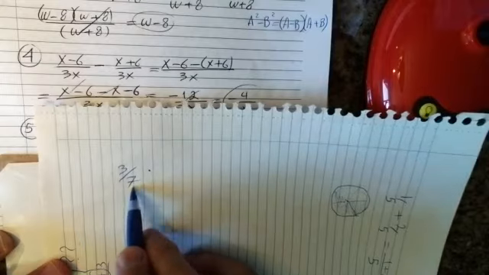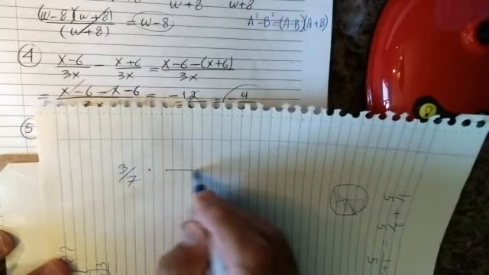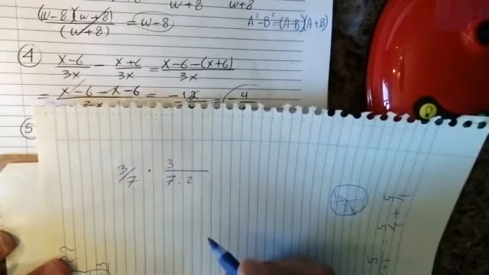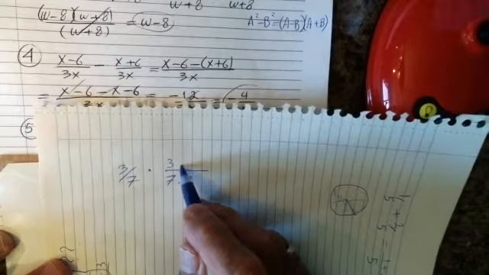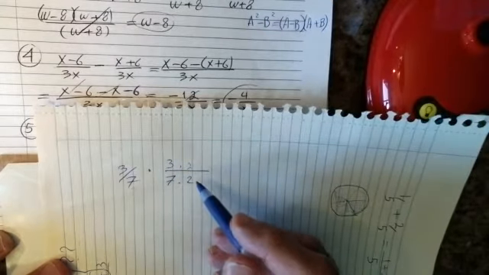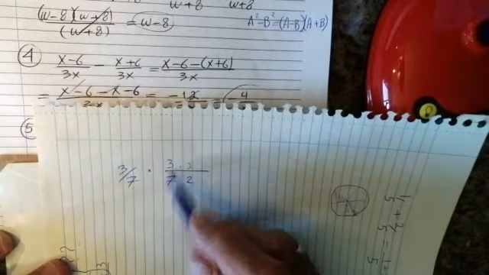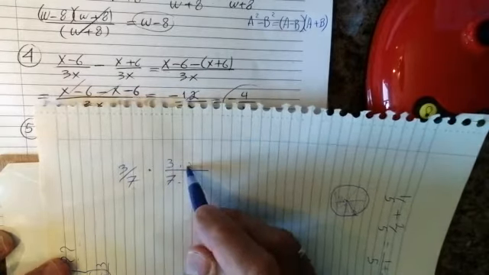If you want to change this 7 to 14, you have to multiply it by 2, right? But you also need to put that 2 at the top because you should not change the ratio of the fraction. The appearance is different, but not the ratio. So still, the outcome should be like that. So when you put a 2 here, you've got to put a 2 at the top.